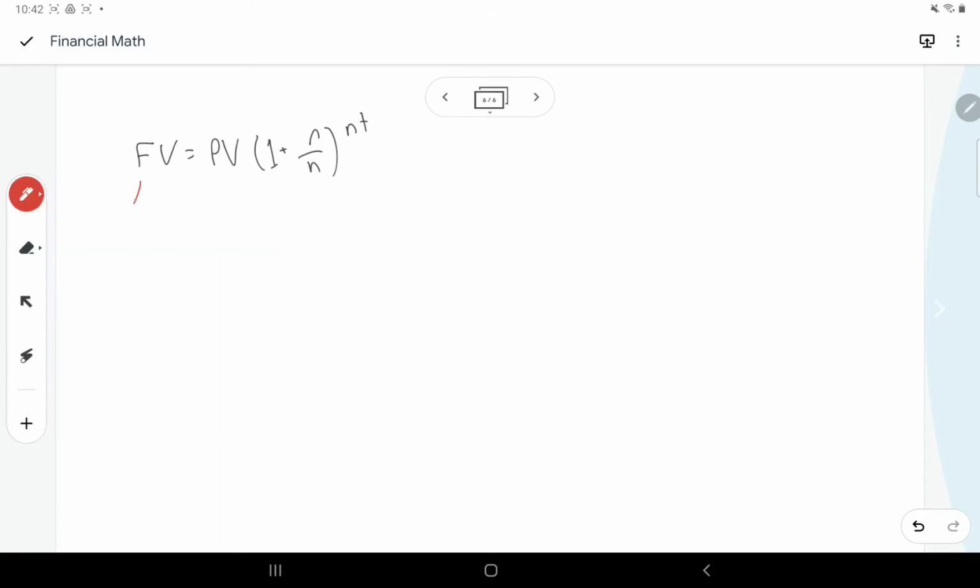Okay, so let's outline what each of these is. So first off, we have FV, which is our future value, right? So that's the value at the end of the investment. PV, which is our present value, or our principal. And that's what you start with. Then we have R, which is our rate as a decimal.